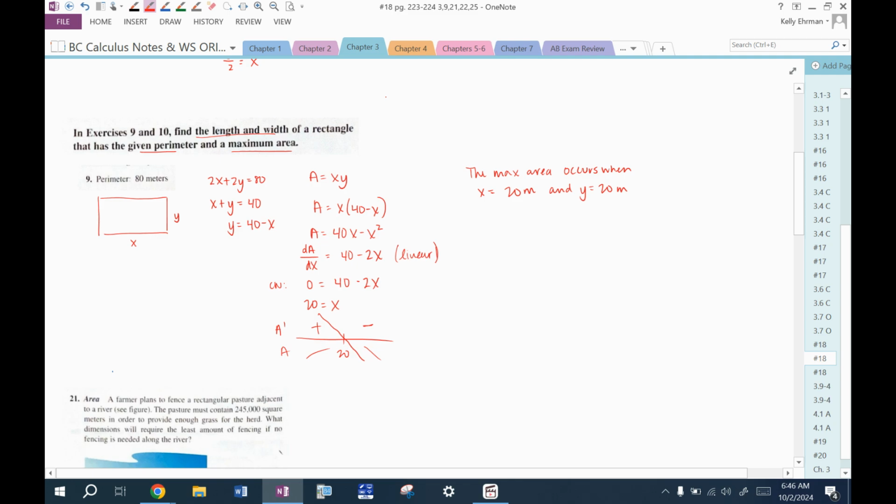Remember, the largest area rectangle will always be a square, or as close to a square as you can get if you can't get one with fencing down the middle or whatever. So anyway, it's 20 by 20. And again, I could say because A prime or dA/dx changes from positive to negative.